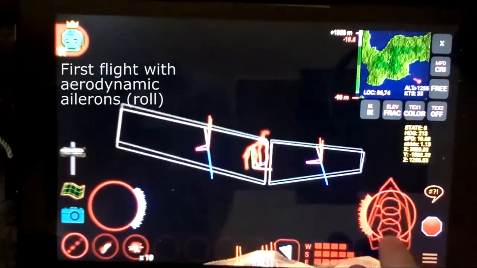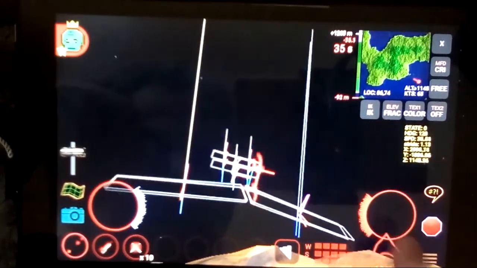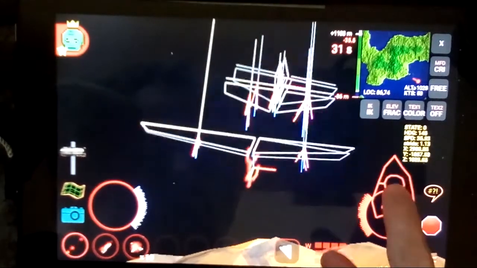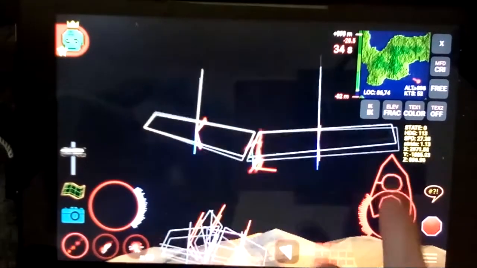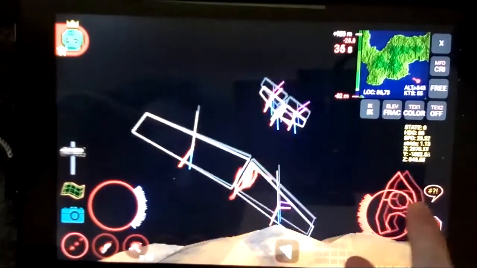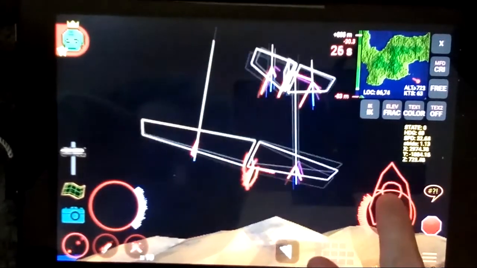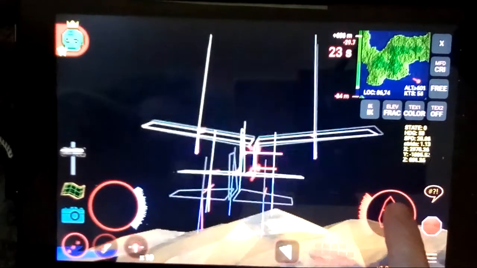I lost my laminar flow. Oh my god, did I... Come on, come on. Well, it looked like I was doing a good job getting rid of that tilt. I just should have been paying more attention to my angle of attack.